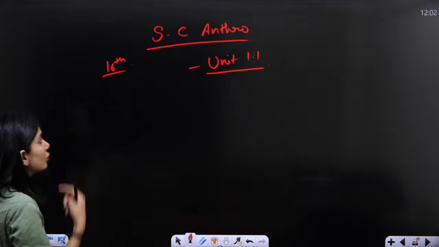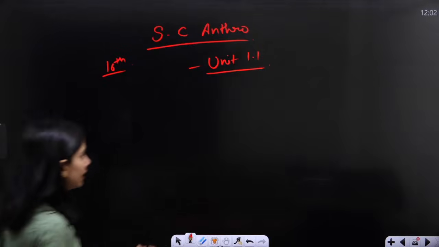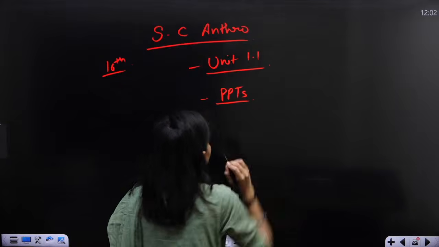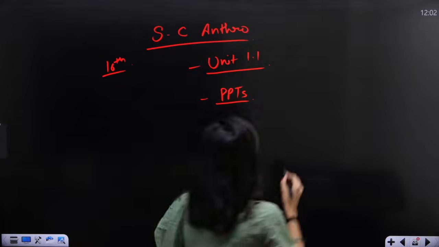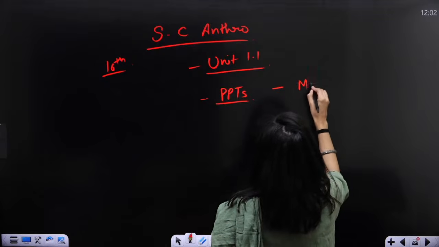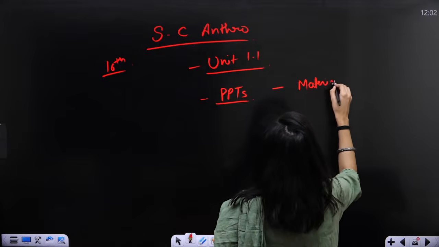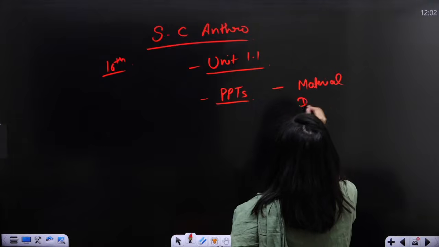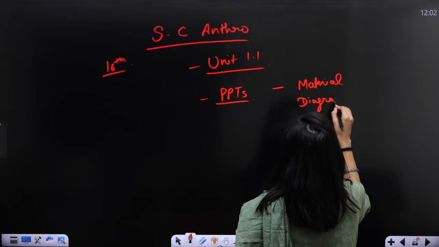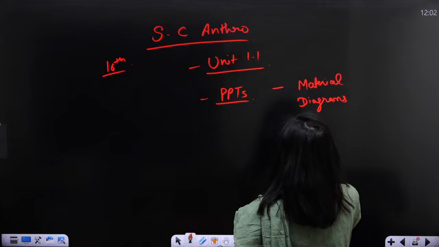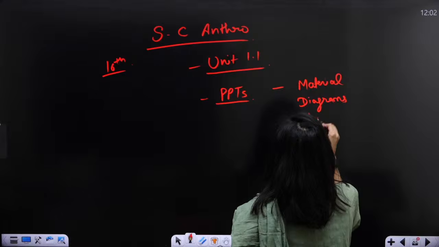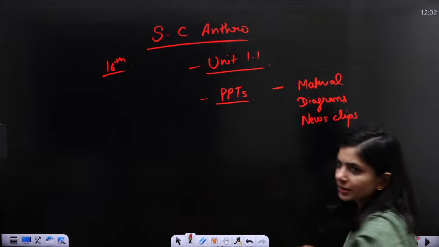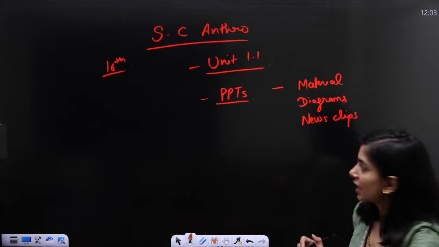Fine. Once we have started, in the class itself I will be using some PPTs. On the PPTs you will get some material. It is not overloaded with material, but some material. We will be using some diagrams and showing some news clips. This is what the PPT will include.